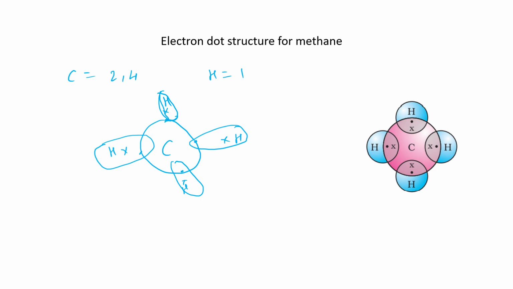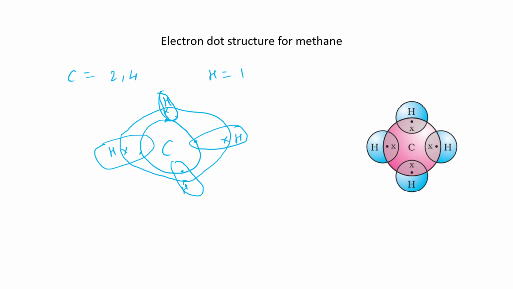And what about carbon? Carbon will also have an electron from each of the hydrogens, and in this way if you count the number of electrons in the circle, there are 8 electrons. So that's why the octet is completed for our carbon.